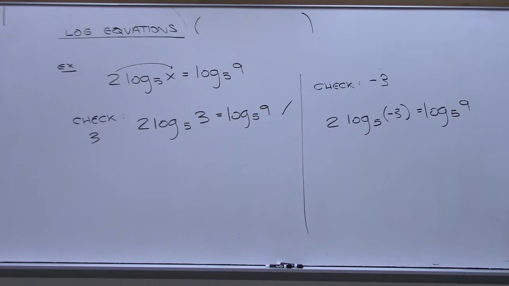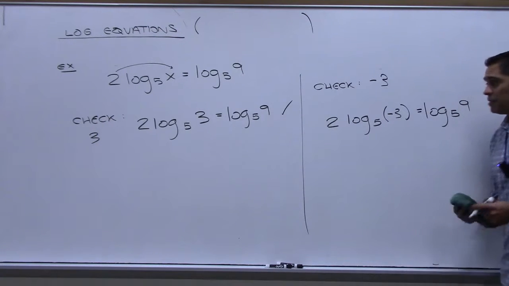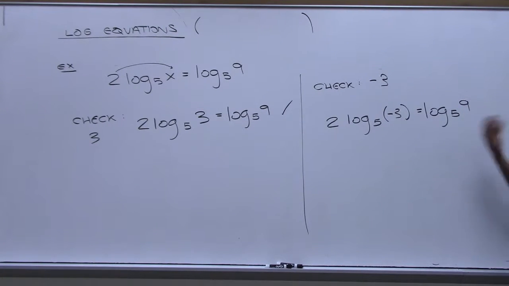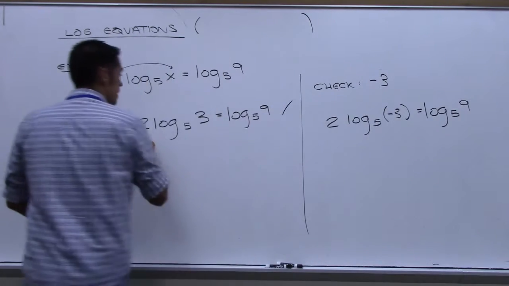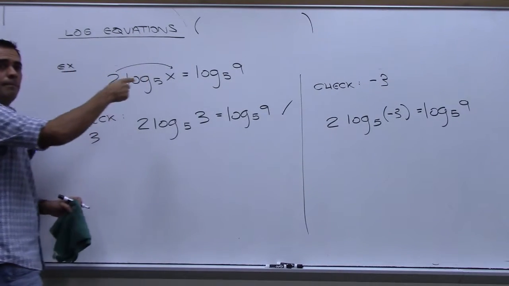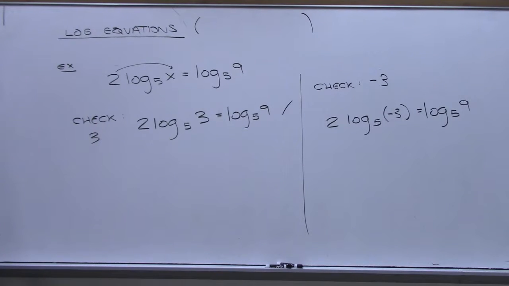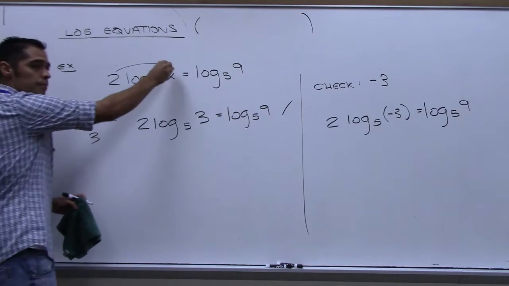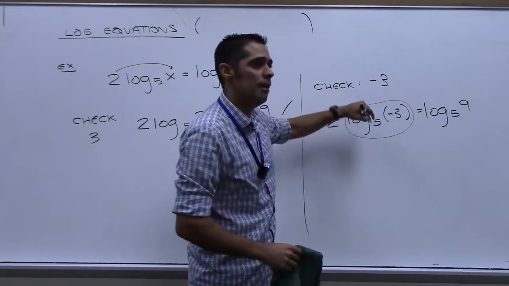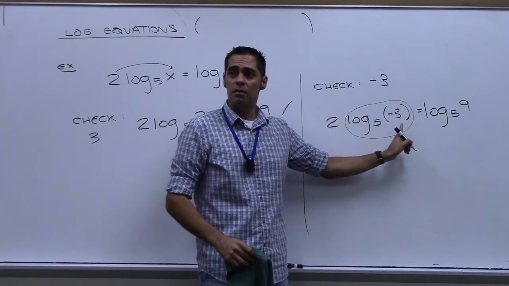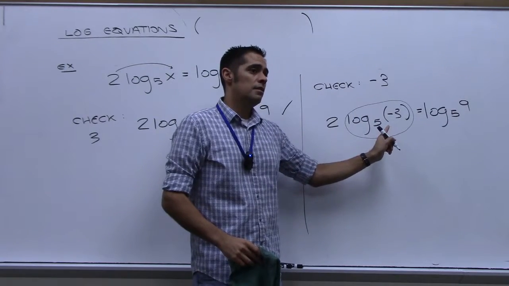This is a very important juncture, and just in general when you're checking solutions: when you check an answer, you must check it in the original format, before you did any properties. So bring the 2 up and see if it works before you do anything algebraically, before you pop the 2. And if I try this, I cannot do that. You cannot plug a negative into a log. This would be undefined. So the negative 3 doesn't work.